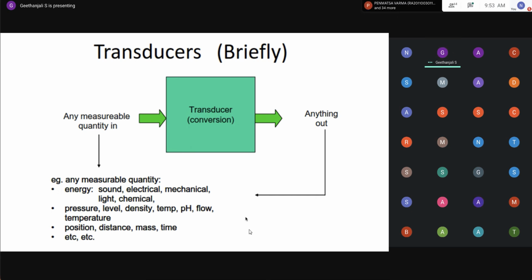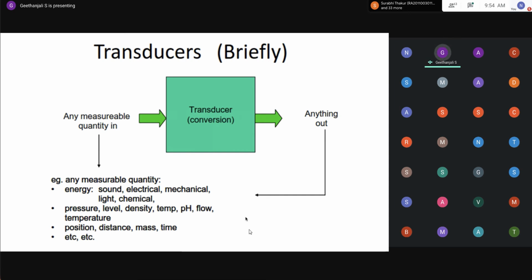Some measurable quantities given as examples are energy, sound, electrical, mechanical, light, chemical, or else pressure, level, density, temperature, pH, flow, position, distance, mass, time. These are all measurable quantities.